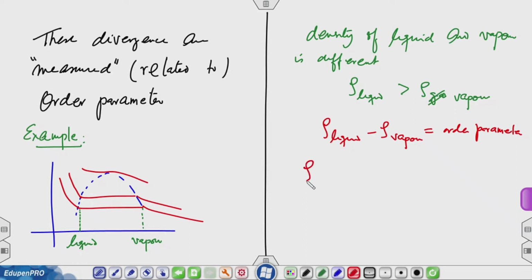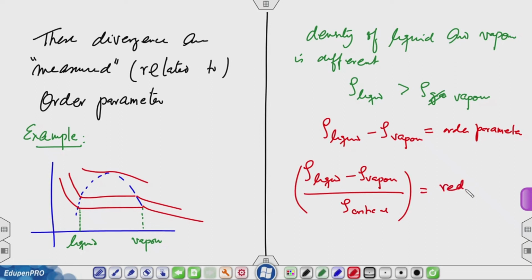And rho liquid minus rho vapor divided by rho critical, so I have scaled it with critical density, is going to be called reduced order parameter. Now, you can see that if T is greater than Tc, there is no difference between liquid and vapor.